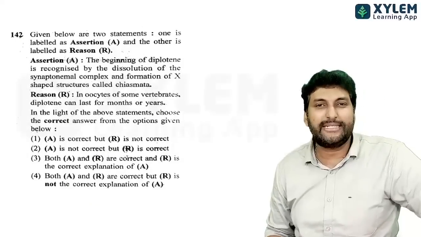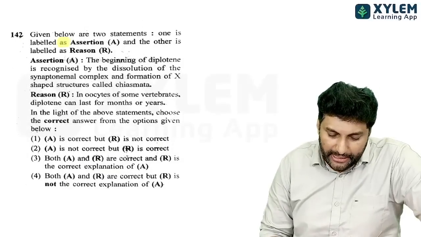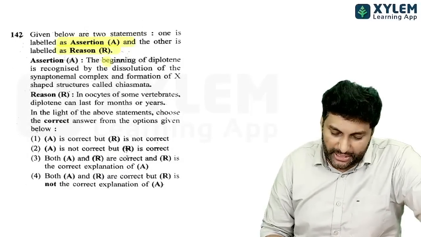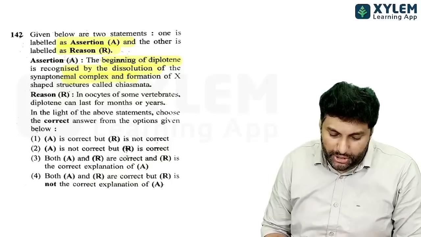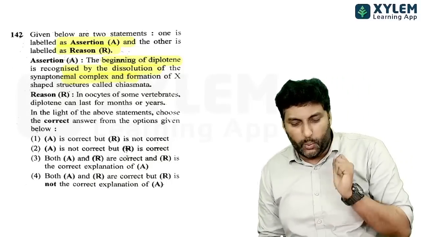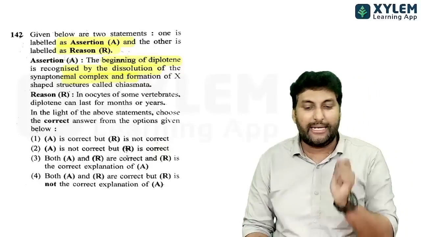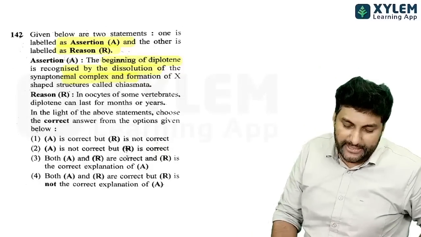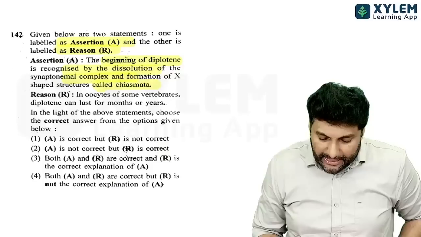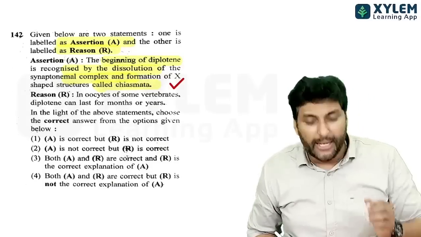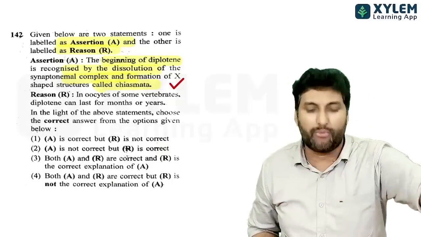Let's move to the 142nd one. Assertion and reason are given. Assertion: the beginning of the diplotene stage is recognized by the dissolution of the synaptonemal complex. Very clearly it is given that the diplotene stage is recognized by the dissolution of the synaptonemal complex and the formation of chiasmata. So the assertion is absolutely right.